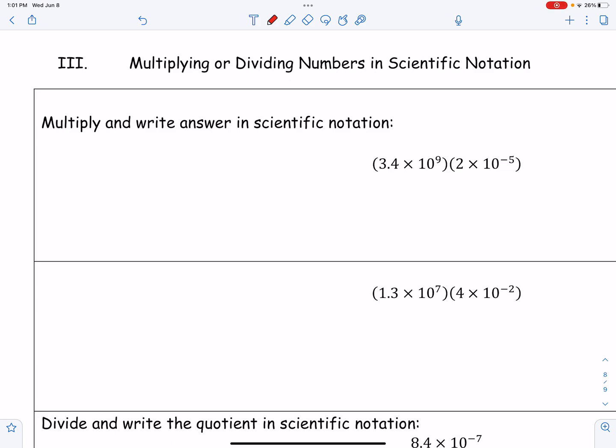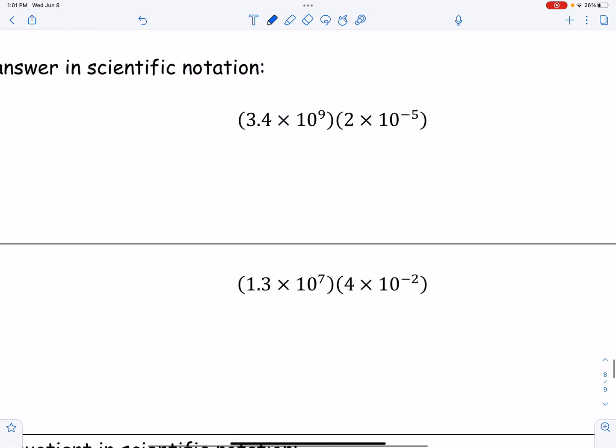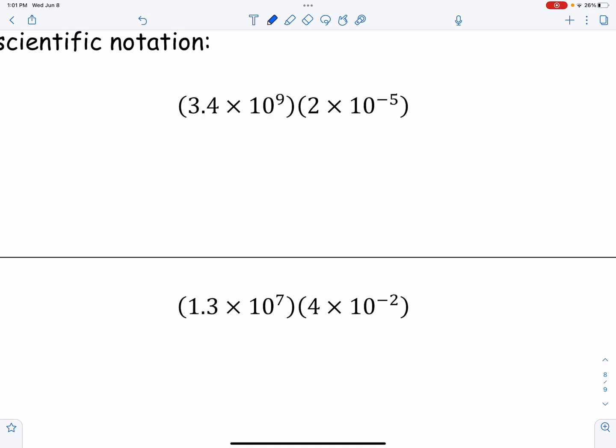All right, and all you have to remember here is that you can break this up into 2 pieces, all right? So notice these are being multiplied. And because each number is in scientific notation, you can multiply the numerical part, right?